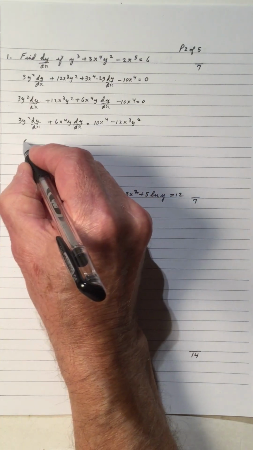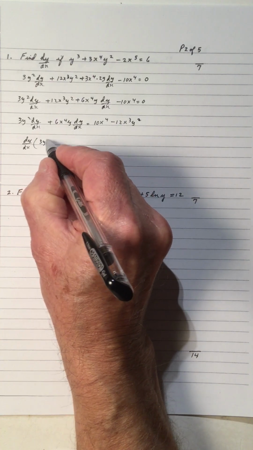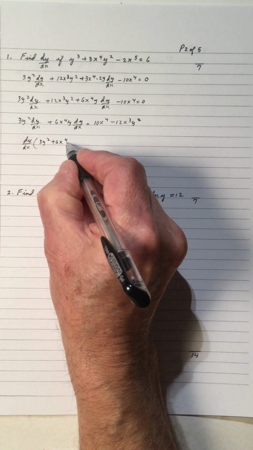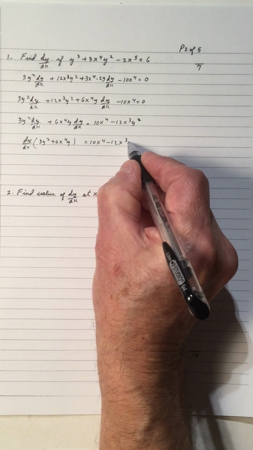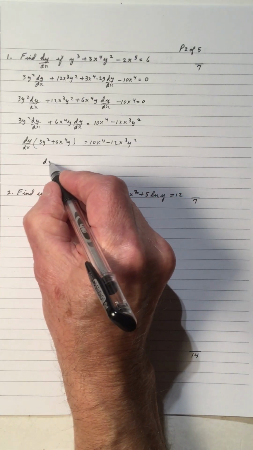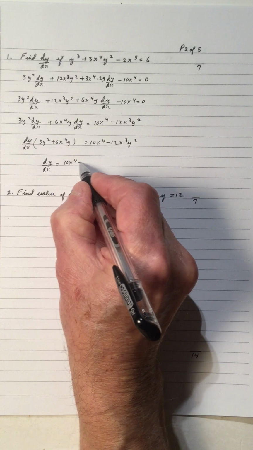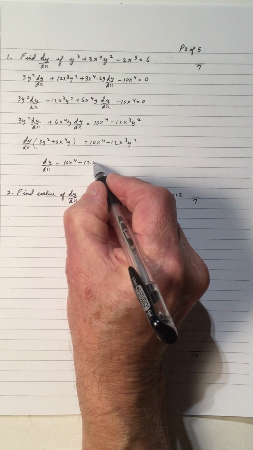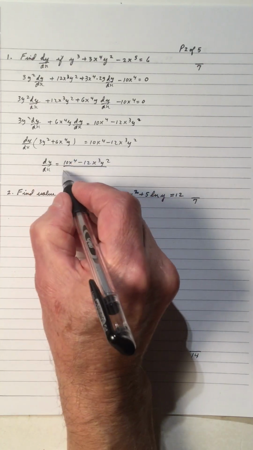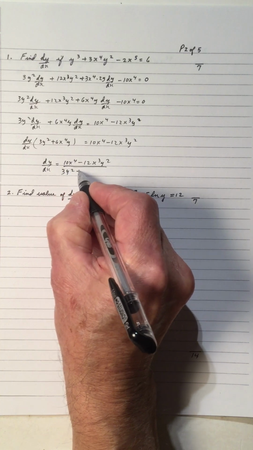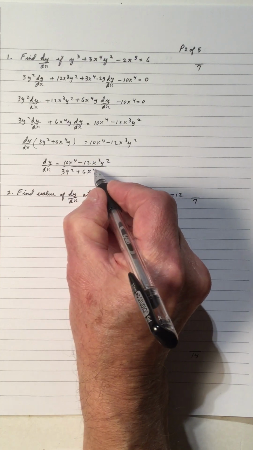So we factor out dy/dx and we get 3y squared plus 6x to the fourth y. The right side won't change. Now dy/dx is equal to 10x to the fourth minus 12x cubed y squared, divided by 3y squared plus 6x to the fourth y.